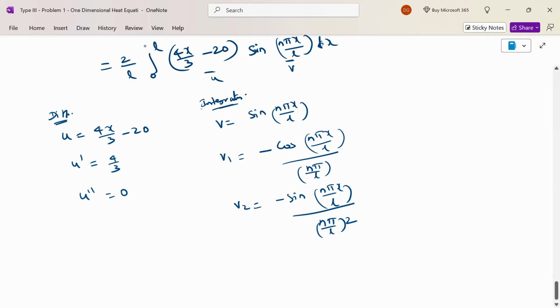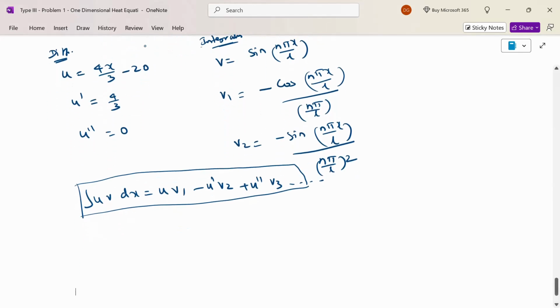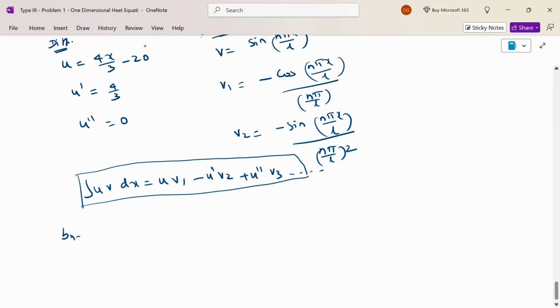Now what is the formula? Bernoulli's formula: integral of u v dx equal to u v1 minus u dash v2 plus u double dash v3 and so on. Therefore, to substitute the value, Bn equal to 2 by L, integral of u v1 minus u dash v2.